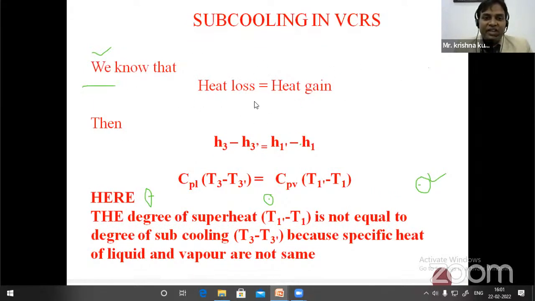We know that heat loss equals heat gain. We assume perfectly that whatever heat is lost at the outlet of the condenser is gained at the inlet of the compressor. So the equation for subcooling is: h3 minus h3 dash equals h1 dash minus h1. In terms of temperature, we can put Cp of liquid multiplied by T3 minus T3 dash equals Cp of vapor refrigerant multiplied by T1 dash minus T1. That is how the equation for subcooling in VCRS is.